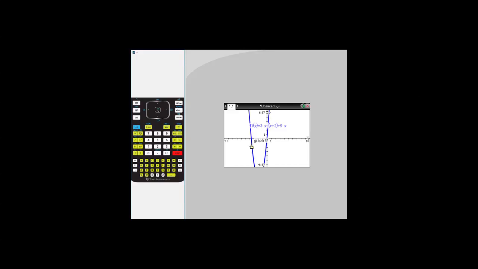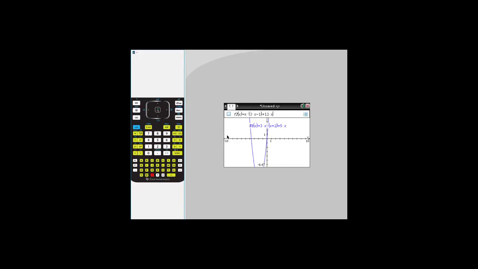I'm going to point at the graph. I'm going to double click, and now I have another entry bar. So I can put in an f sub 2 of x, the next expression. And that one was x times, open parentheses, 3 times x minus 1, close parentheses, and then that's plus 12 times x.